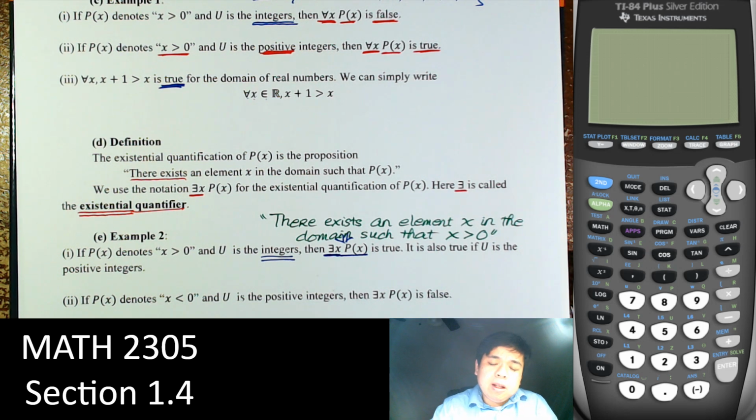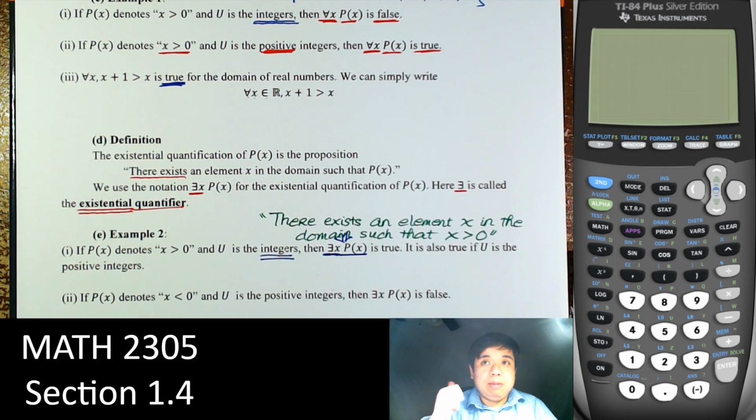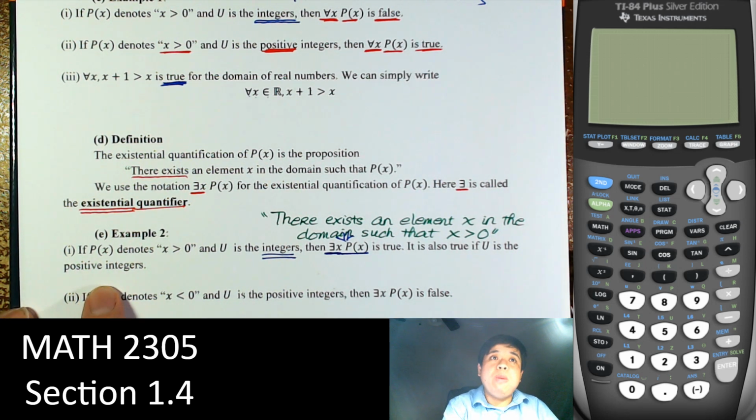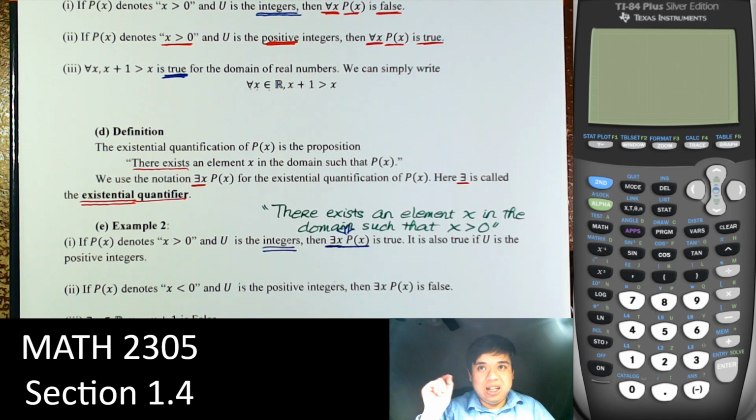And of course the set of integers has some positive numbers, so there is at least one element that works, so it works. Of course it also works if the domain is all positive integers. Like I said, we only need at least one.